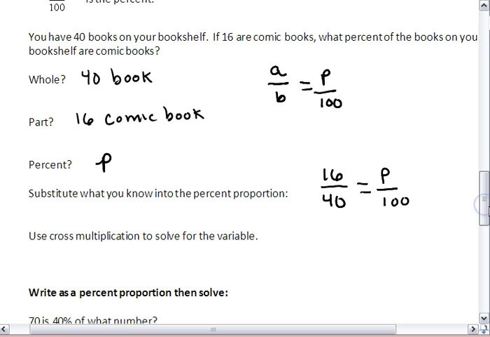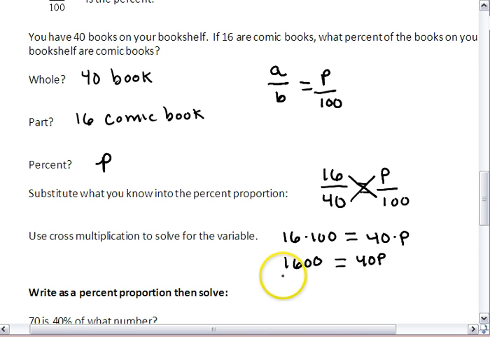Now it says use cross multiplication. So I'm going to use cross multiplication here like we learned in the last unit. And I have 16 times 100 equals 40 times P. If I multiply this out, 16 times 100 equals 1600, or 1600 equals 40P.